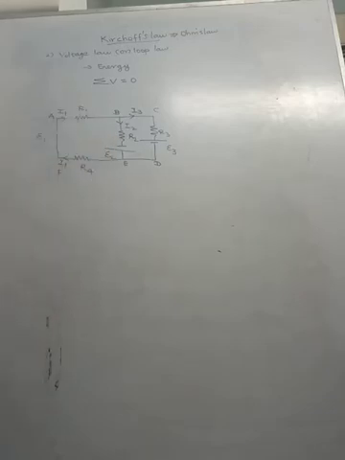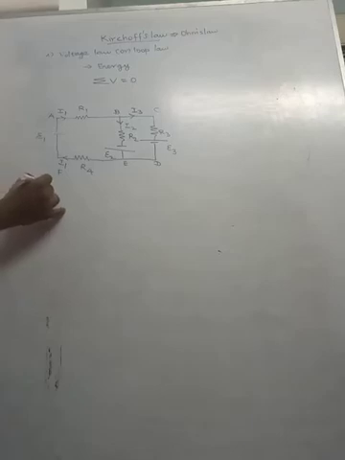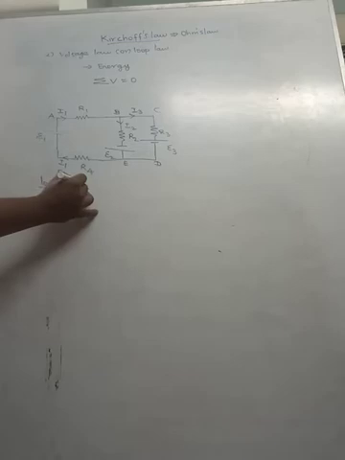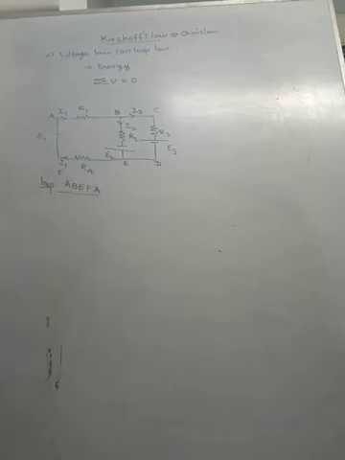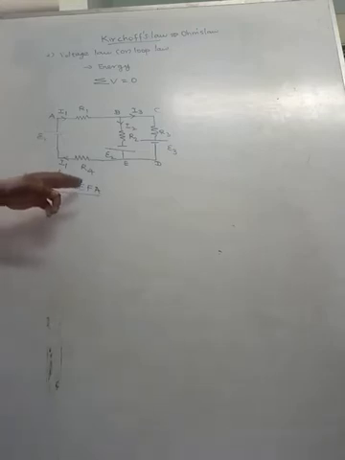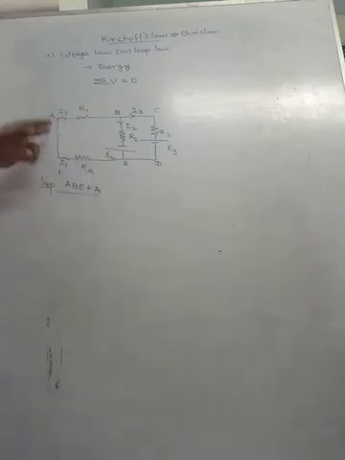So let me consider the loop A, B, E, F, A. When you are writing the loop, the first letter and the last letter must be the same. Then only the loop is closed.